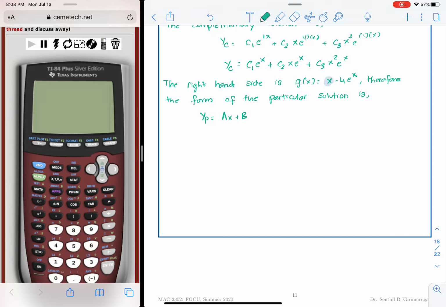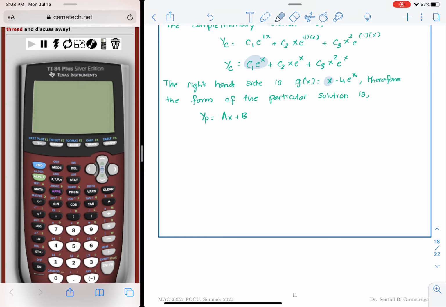Now, the next term is 4e raised x, but we cannot simply put c times e raised x because we already have c1 e raised x. So you may say, okay, let me do c times x e raised x. That is the usual procedure.